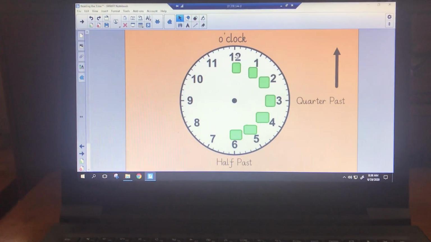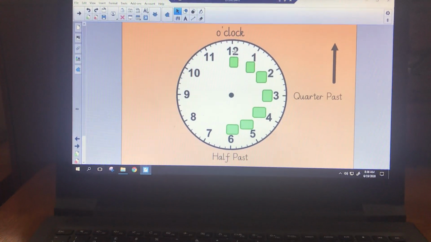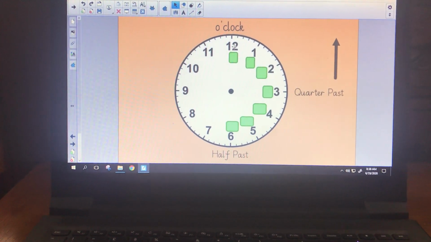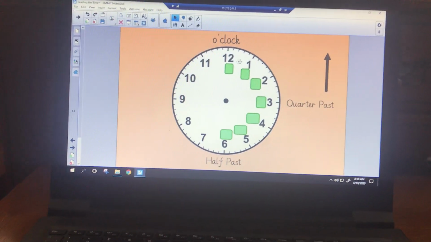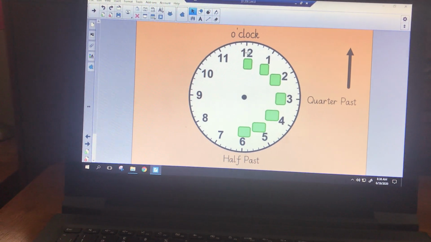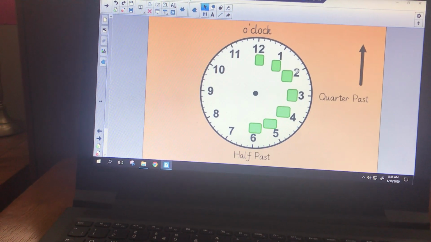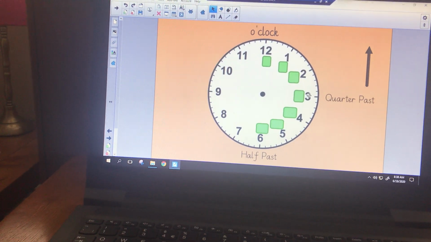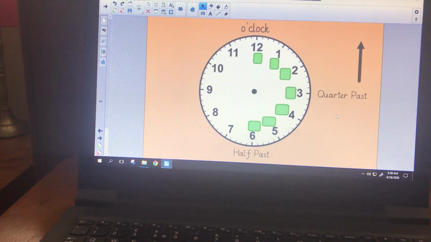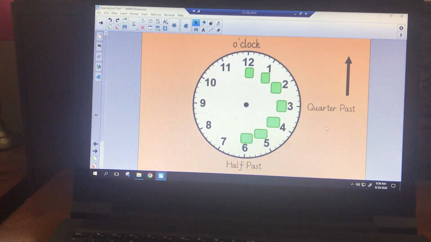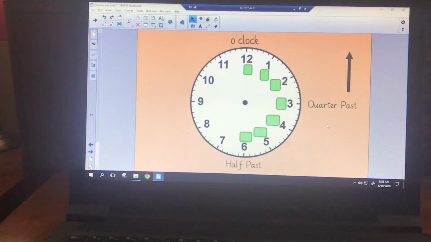So, one really important piece of information that you need to know about these analog clocks is that each of the big numbers going round the side, 12, 1, 2, 3, etc., the distance between each of those numbers is 5 minutes.